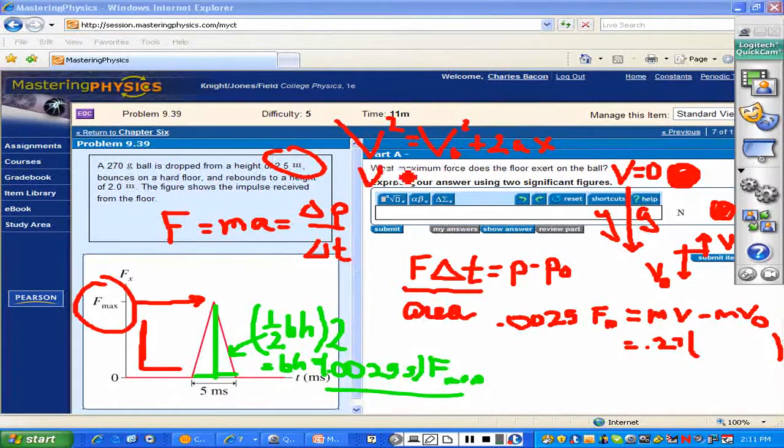So we're going to strike the ground with v equals the square root of 2g times y.